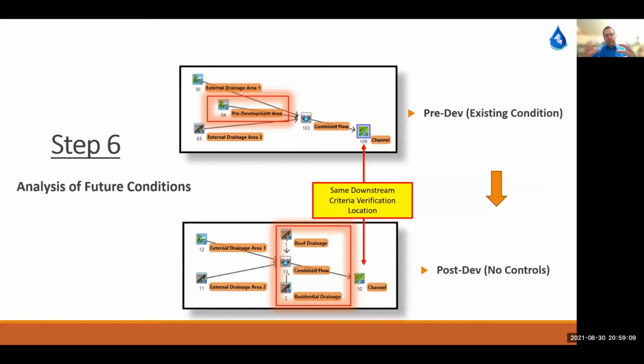So going back to the conceptualization in terms of a schematic, you see in the top rectangle, the pre-development conditions. In the bottom rectangle, we see the post-development condition, where the red rectangle, previously represented by one rural or undeveloped catchment, is replaced by two areas that represent the roof of the houses, as well as the remaining urban areas.